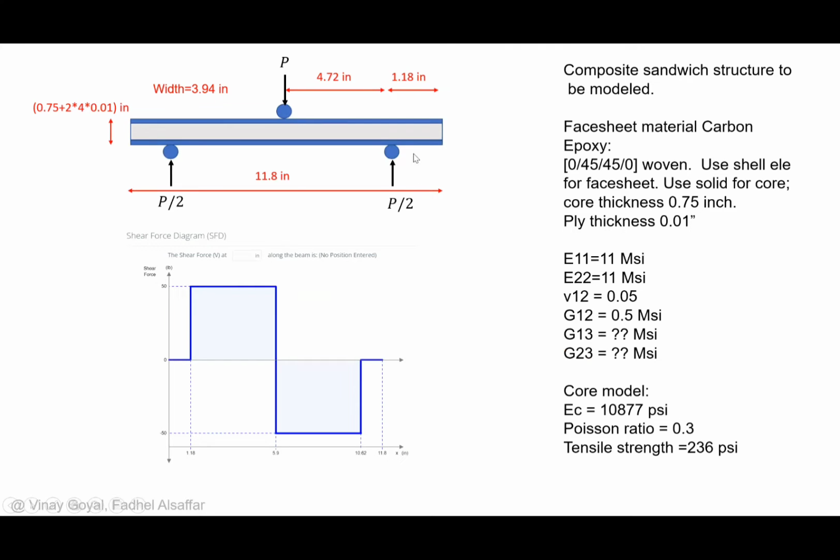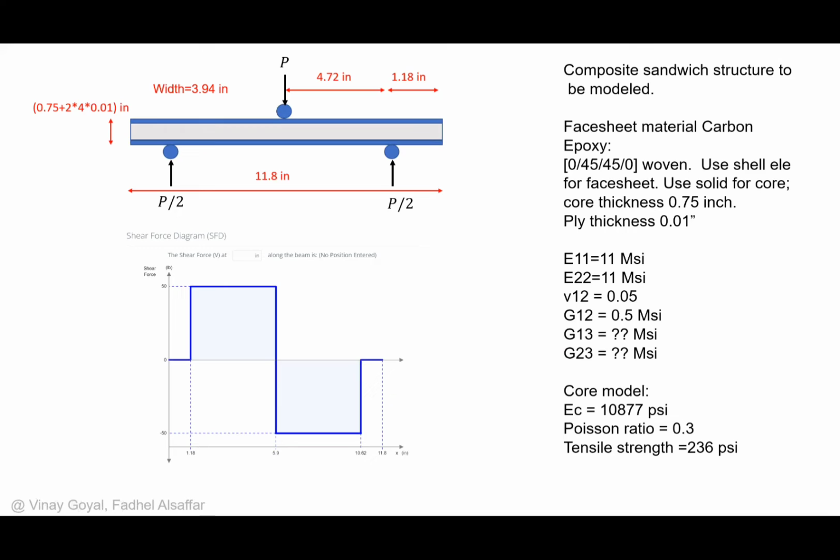From a modeling perspective, the approach that we'll be using for both of the experiments is that for the core, we'll be using 3D solid elements, and for the lamina, we'll be using a shell element.